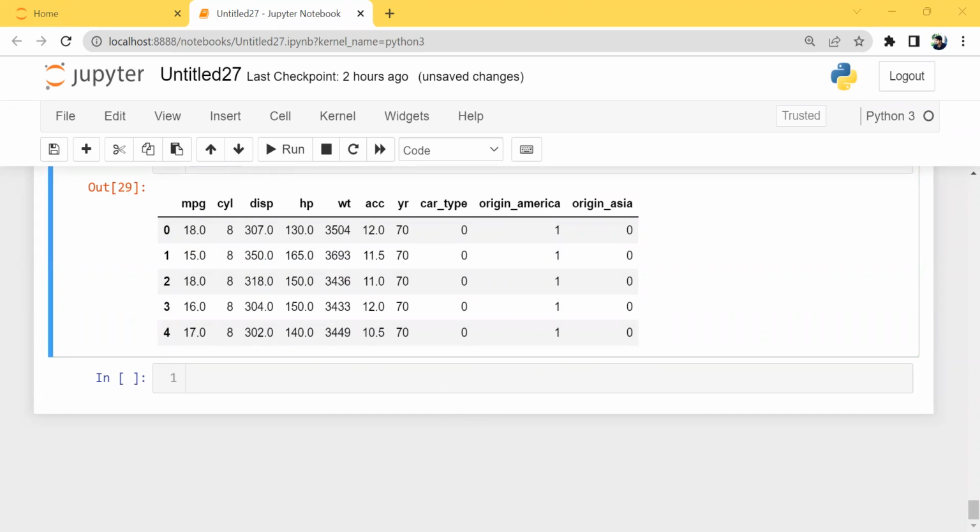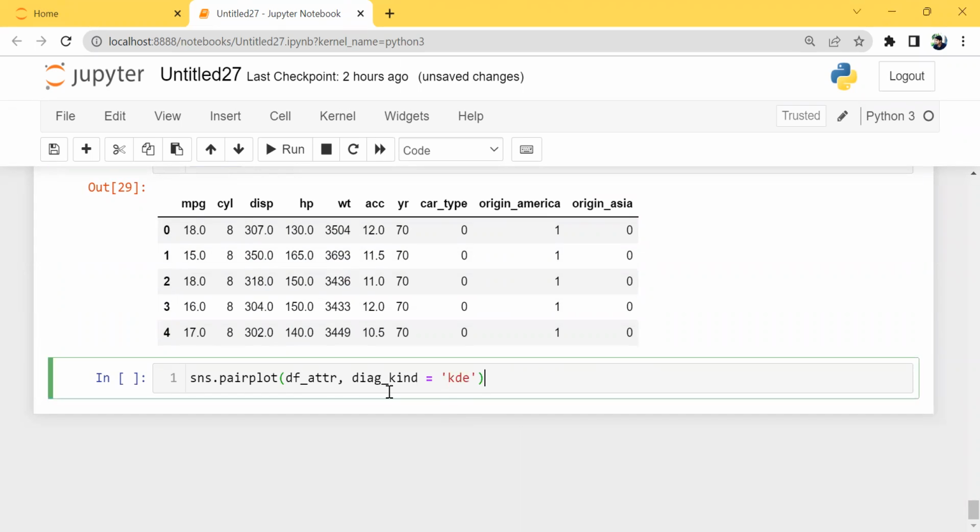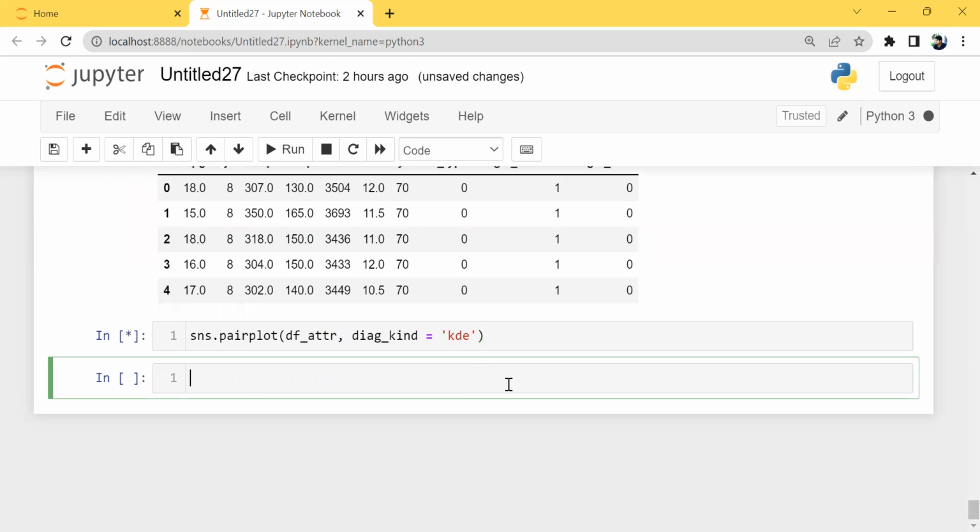I have used the Seaborn library, and inside it I have called the pairplot function. Inside that function, I have passed my data frame, df underscore ATTR. Now I have used diag kind equal to KDE. When you hit shift enter, what happens?